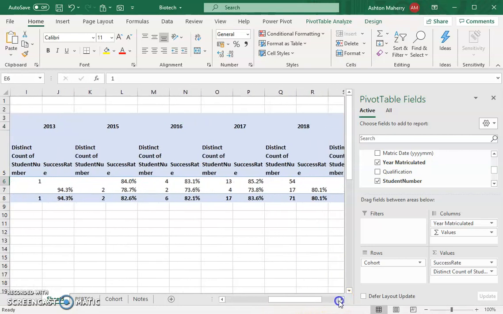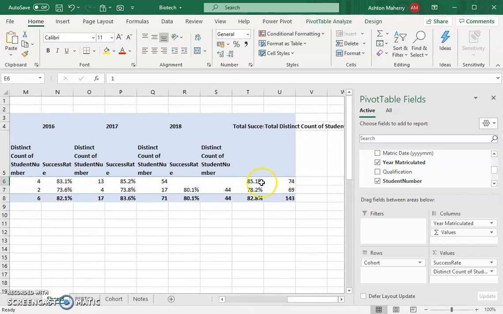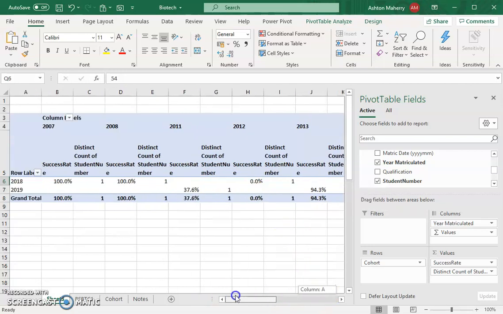Okay, and as we start to increase, we can see we then get progressively more students. So 54 students out of 74 students of the 2018 cohort.